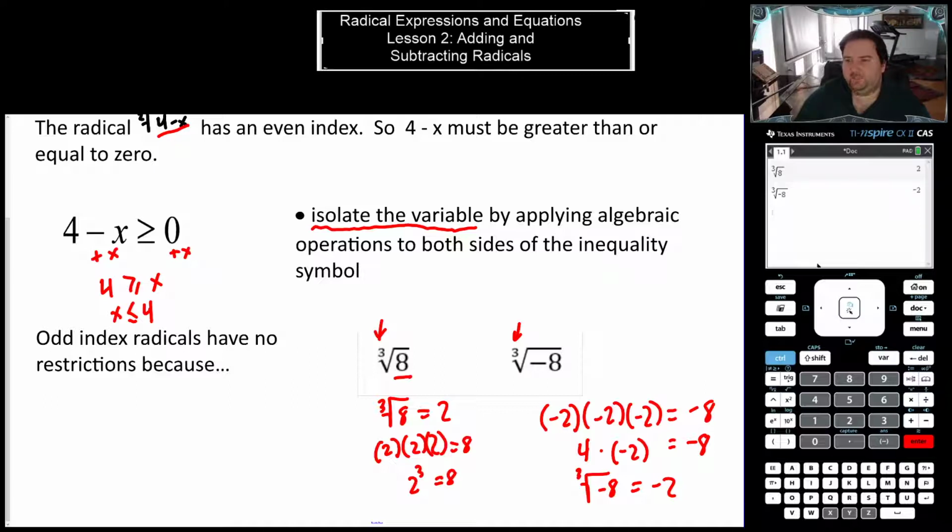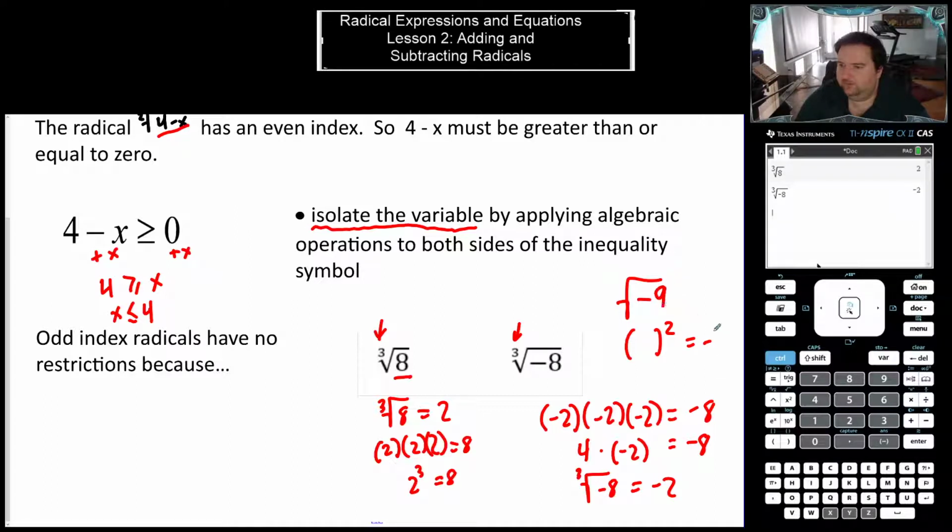If I had the square root of negative 8, well, when I make my parentheses and I try to square it, there's nothing that I could actually put inside of here that would equal negative 8, right? Or let's make something a little bit more obvious rather than 8. 8's a bad example.